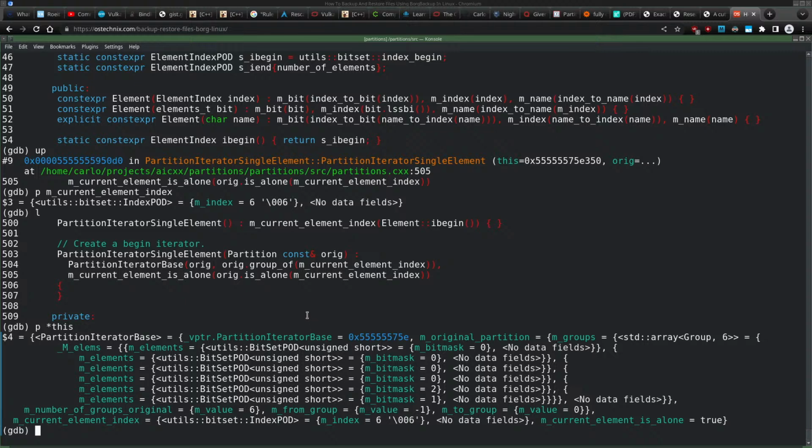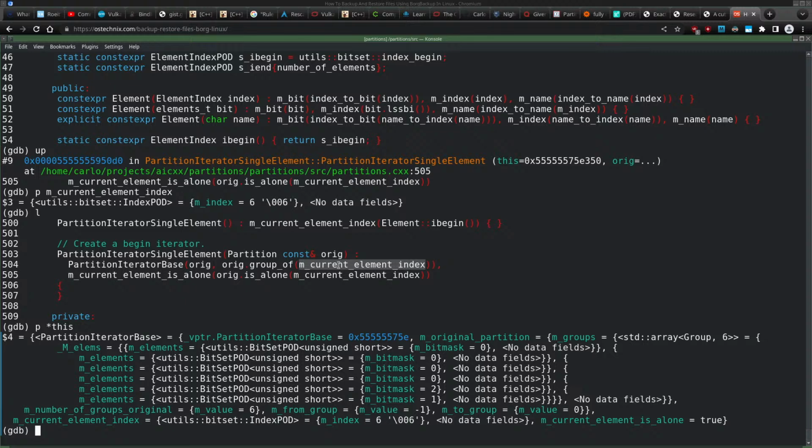Create a begin iterator. I mean, who initialized that? It would be initialized inside the class itself, or not at all.